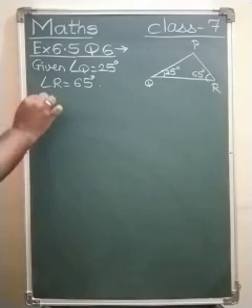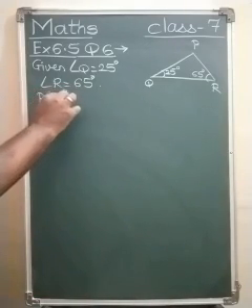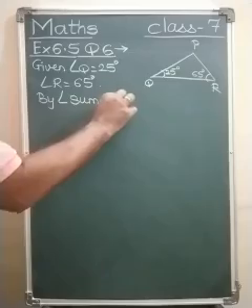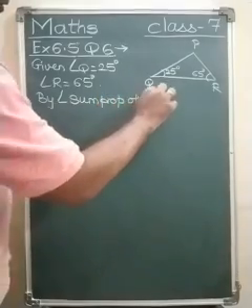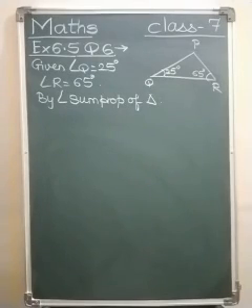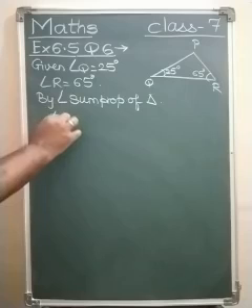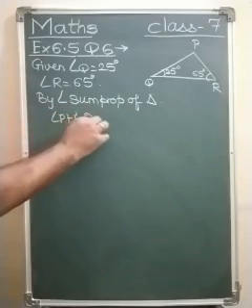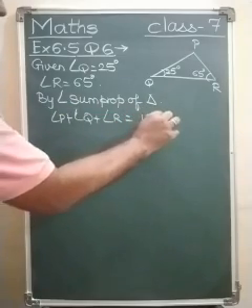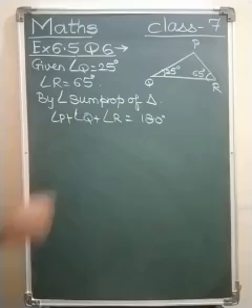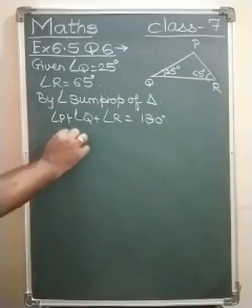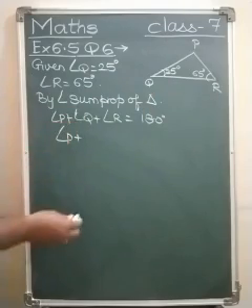So by angle sum property of triangle, angle P plus angle Q plus angle R equals 180 degrees. Let us check whether this is a right angle triangle or not. So angle P plus, what is angle Q?